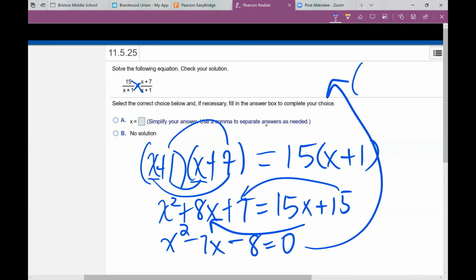The two numbers that equal 8 when you multiply and 7 when you subtract are 8 and 1. And in order to get a negative 7 in the middle, it would be negative 8 and positive 1. So the answers that make these two sets of parentheses equal to 0 would be positive 8 for this one and negative 1 for that one, remembering to put a comma in between. So you should have 8 comma negative 1 or negative 1 comma 8.